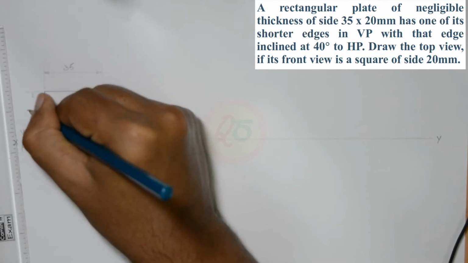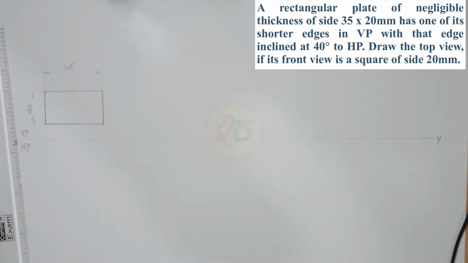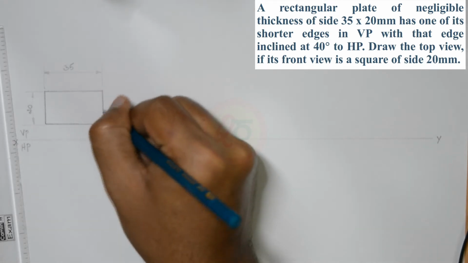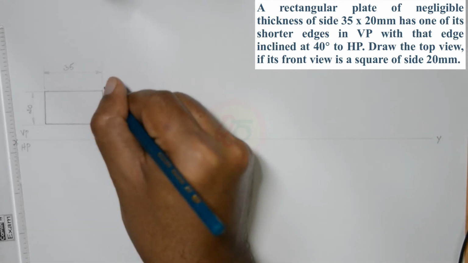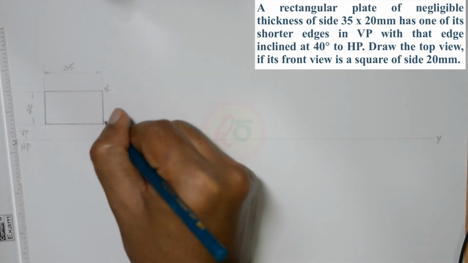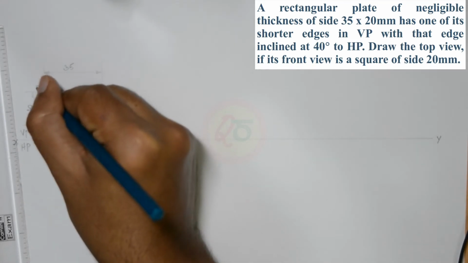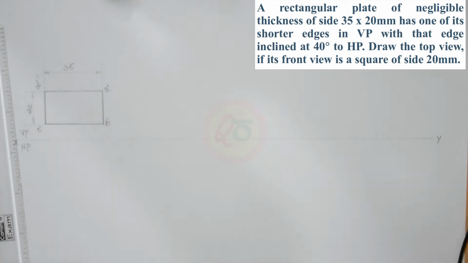This is 20. Next, naming. We'll follow the anti-clockwise notation since it is the front view. This is A dash, this is B dash, C dash, and D dash.